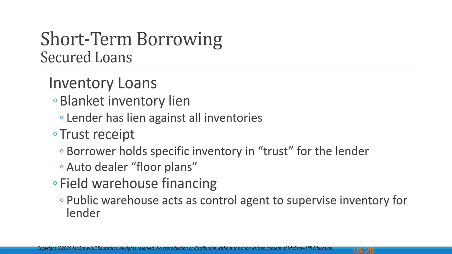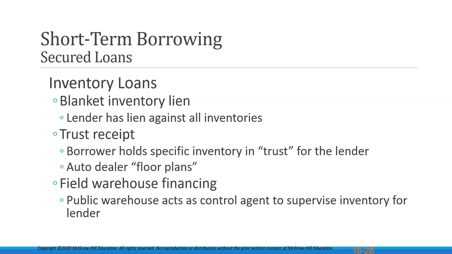We can do secured loans. So we can have a lien against all of our inventories, where if we didn't pay our loans back, they would confiscate our inventory and sell it in an effort to regain the cash. We could have a trust receipt, where the borrower holds specific inventory in trust for the lender.